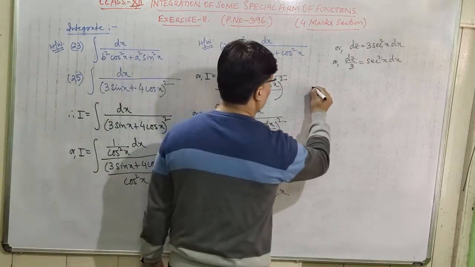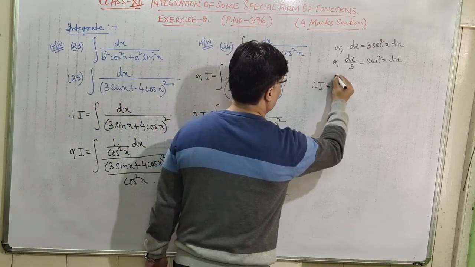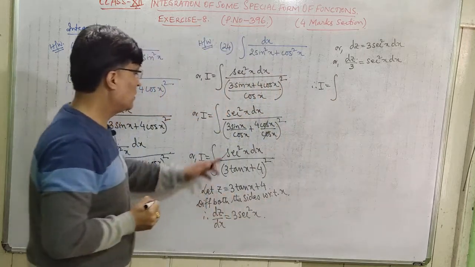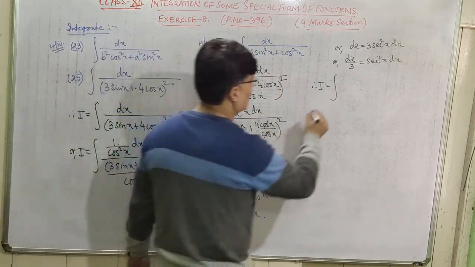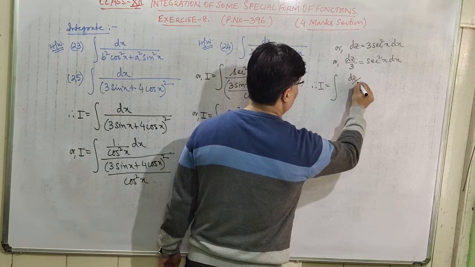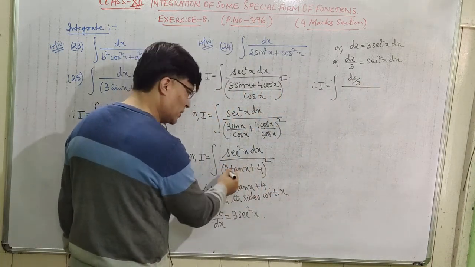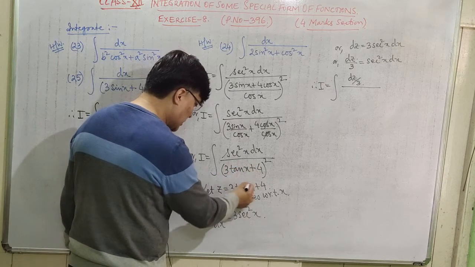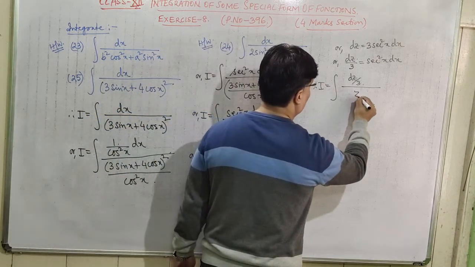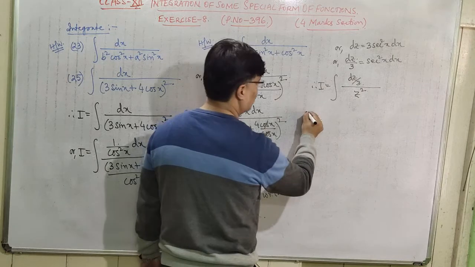Therefore I is equal to integration of, what is sec square x dx? dz upon 3, divided by, in the denominator, what is 3 tan x plus 4? It is z square.